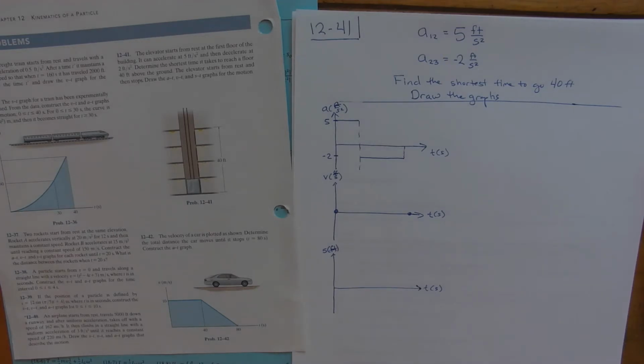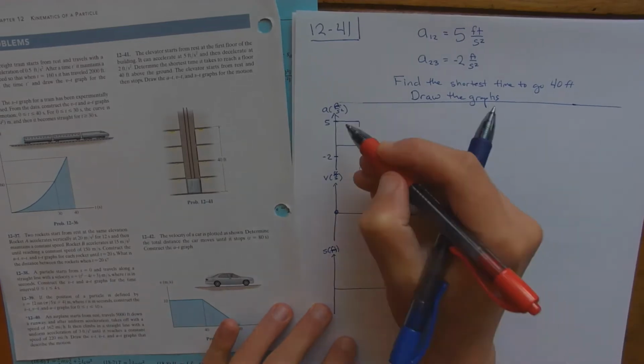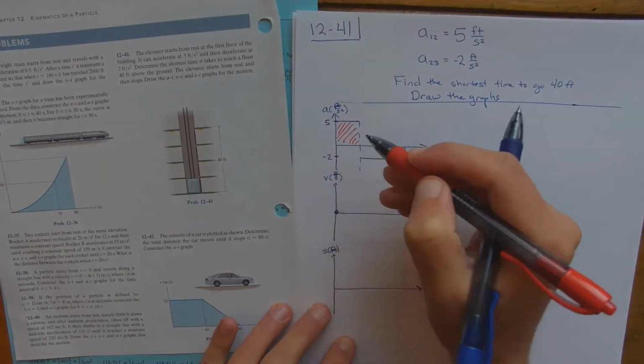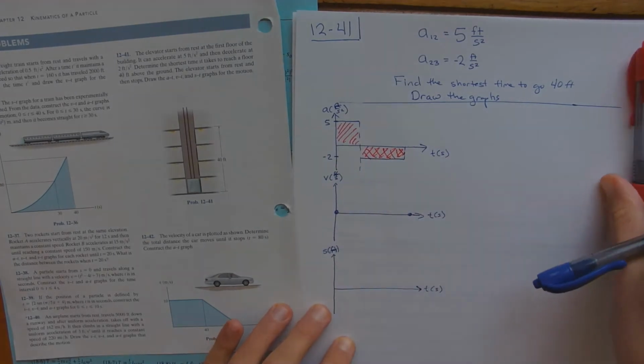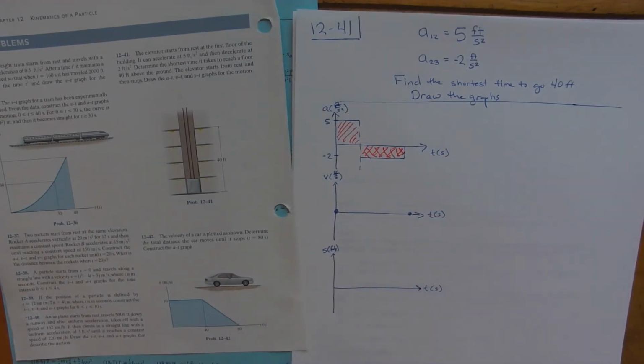The area underneath the acceleration versus time graph is the change in velocity. And if we're starting at 0 and ending at 0, then this area here has to be the same as this area here, so that the total area underneath the acceleration versus time graph is 0.